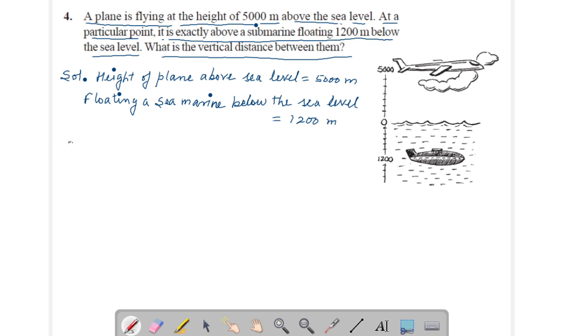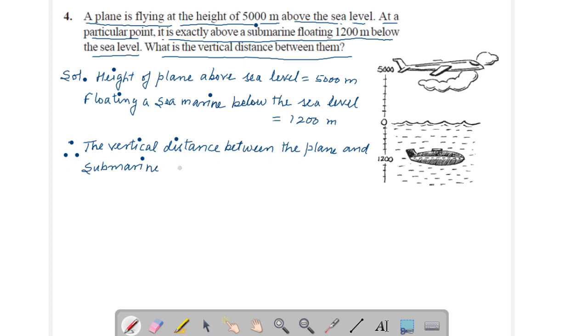Therefore, the vertical distance between the plane and submarine equal to 5,000 meters plus 1200 meters.